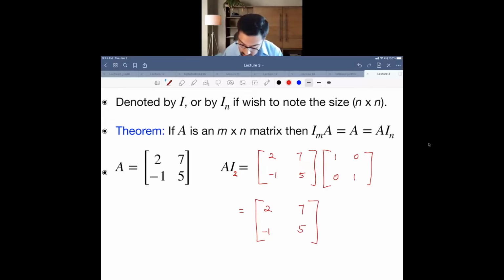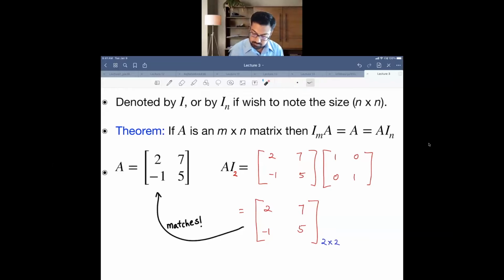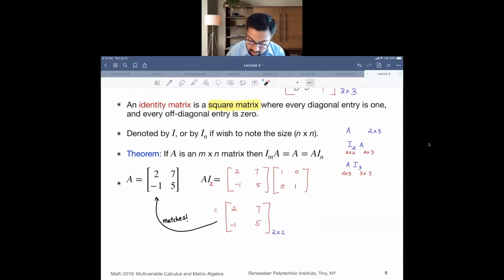You get another 2 by 2 matrix, which matches A. And in this case, because A is square, you could have also done I2 times A. You would have gotten the same result.